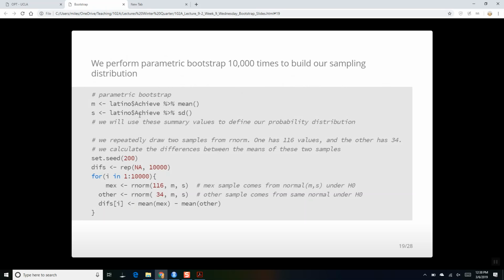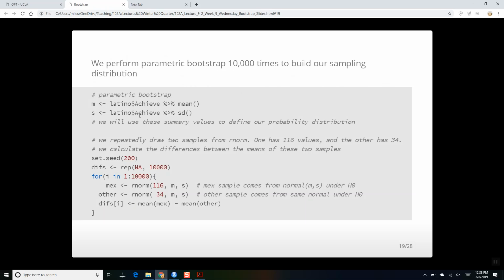But this is useful in helping us understand the sampling distribution: what kind of values would we get for two random samples and their differences? What kind of distribution will we get if we take two random samples and take their difference? That's not as intuitive.